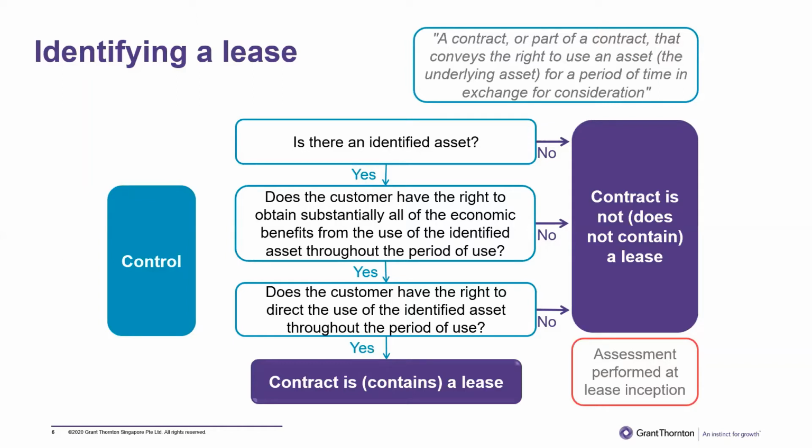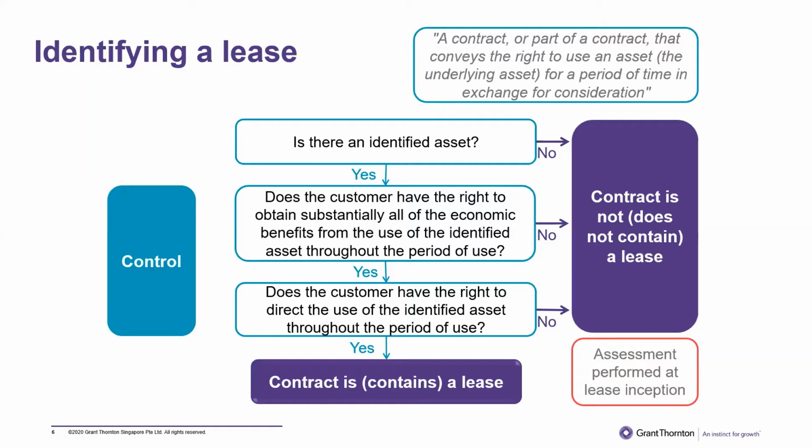So, in my example, the facility in Malaysia would probably be an implicitly identified asset, because the other party will not be able to fulfill its obligations under the contract in an economically feasible way by using its alternative assets. So this obviously is an area which requires judgment and would require management to look at it more holistically.